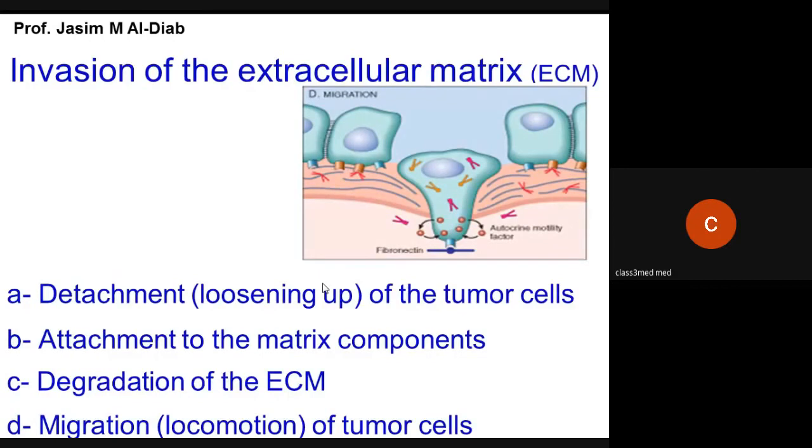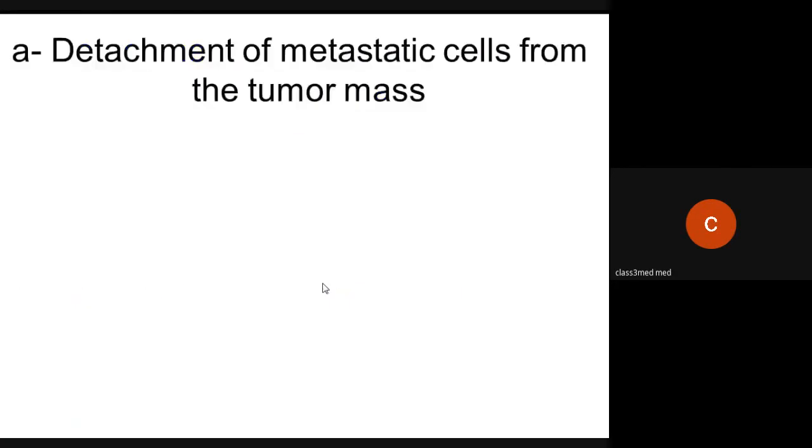These are the 4 steps of the first major step in metastasis, which is the invasion of the extracellular matrix. For the tumor cell to start the trip of invasion and metastasis, it should first detach itself from the tumor mass.